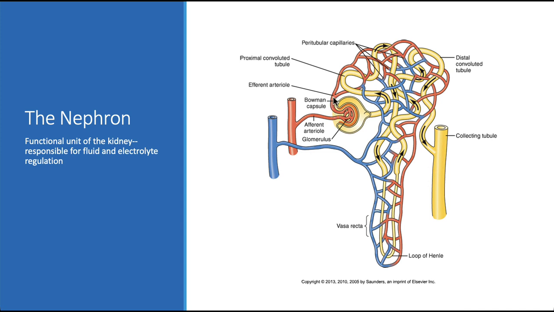And the efferent arteriole then starts wrapping around all of the nephron, along with the vein wrapping around all of the nephron. And that's where the fluid and electrolyte and other stuff is exchanged. It is a fascinating work of genius.